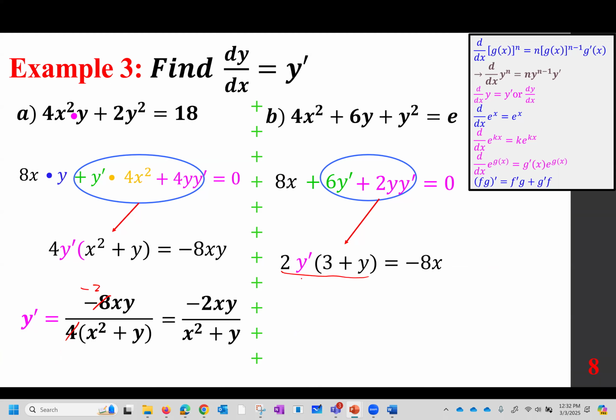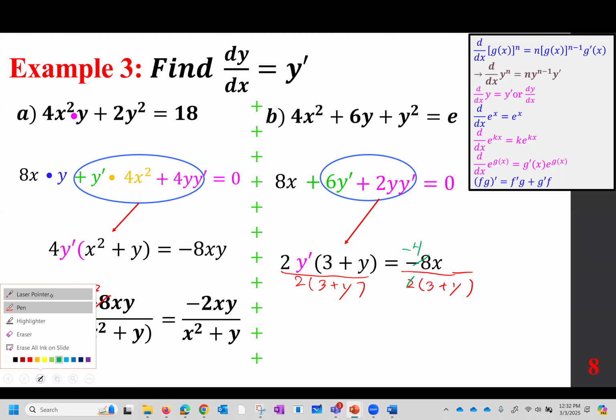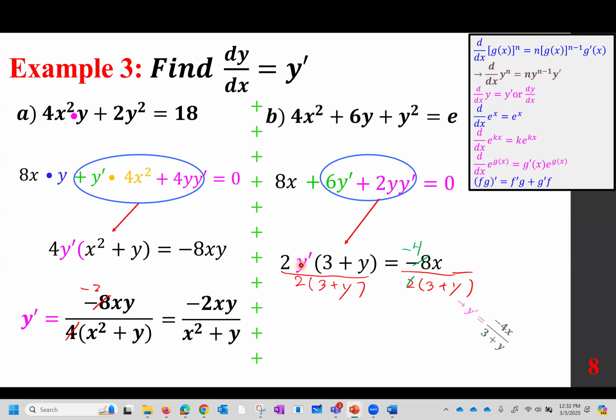We can divide both sides by 2 times 3 plus y, which means negative 8 cancels out the 2 and changes to negative 4. The final answer is y prime equals negative 4x over 3 plus y.